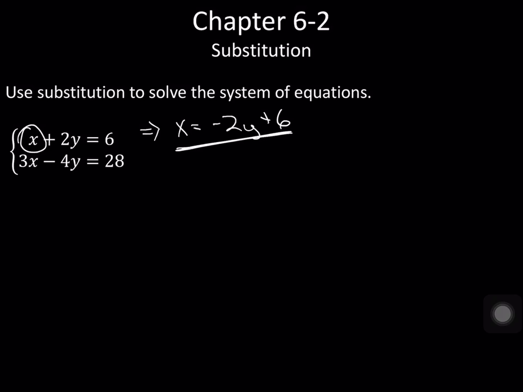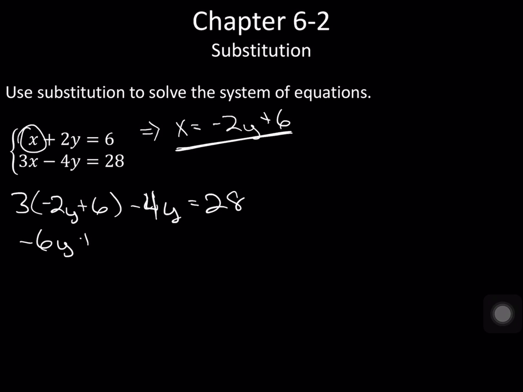And so now that I know what x is, I substitute. Okay, 3 times x minus 4y equals 28. So I put my x in. X is -2y plus 6. Okay, this equation only has y in it, so I can distribute. Okay, and now I can solve.